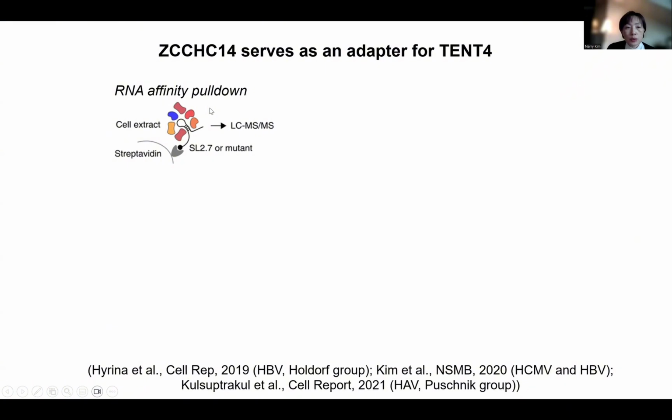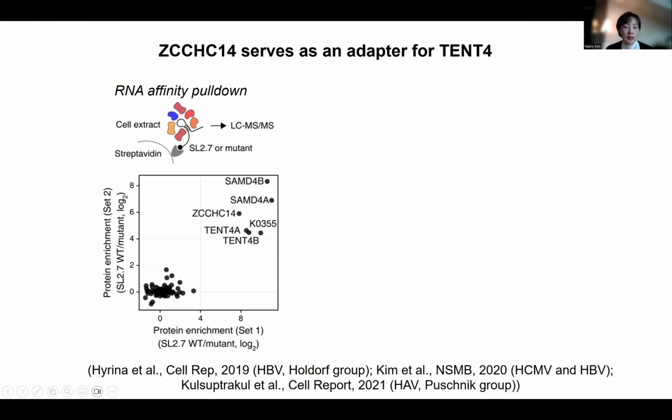The proteins that are strongly associated with this RNA turned out to be these proteins that included TENT4A and B, but we also identified a zinc finger protein called ZCCHC14, and this protein indeed serves as an adapter for TENT4.